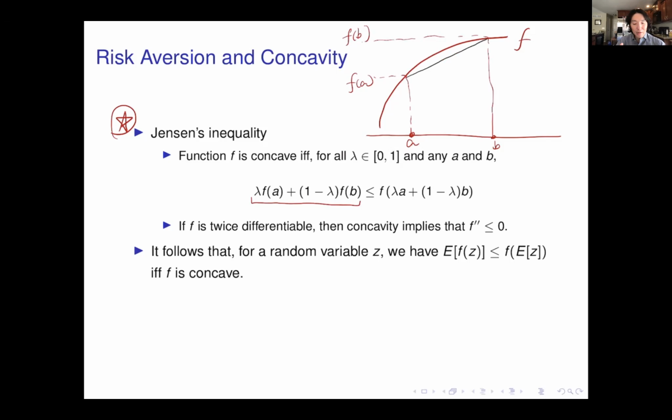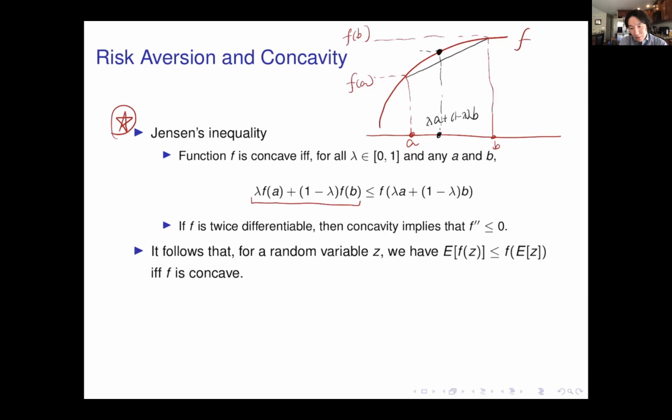That straight line is below the actual function value. Okay.